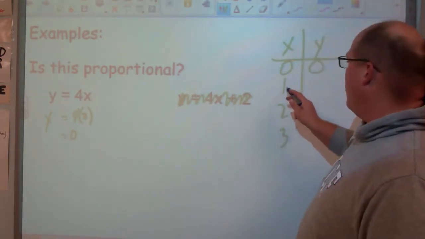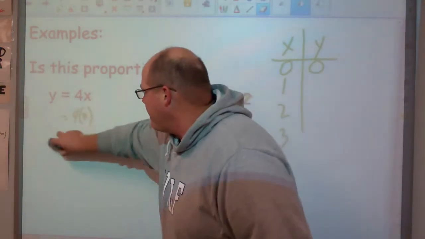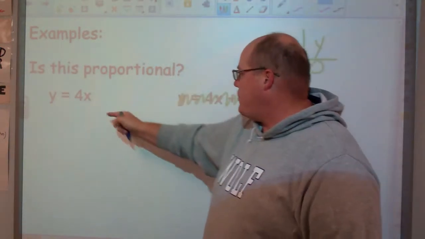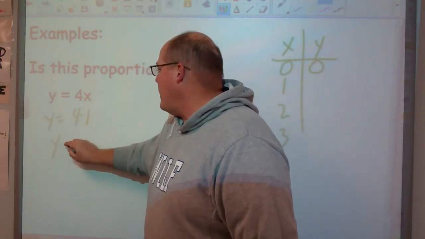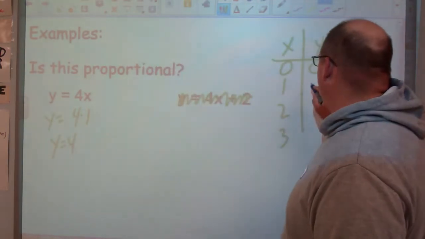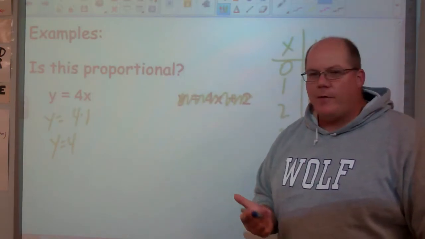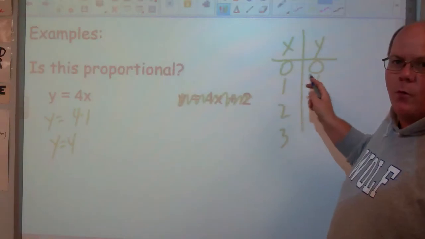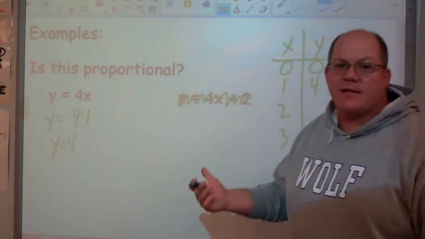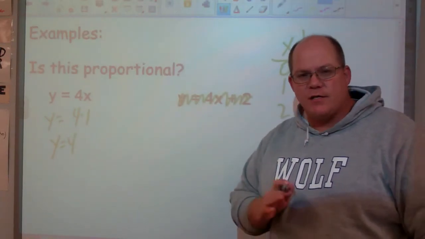Yes. Now 1. We multiply 4 times 1, Y equals 4. So we've determined that the rate of change here is 4. Every time X goes up 1, Y goes up 4. Let's see if that rate of change is consistent.